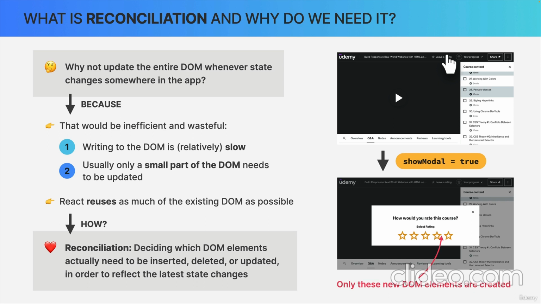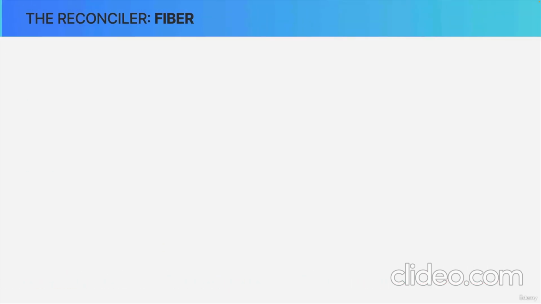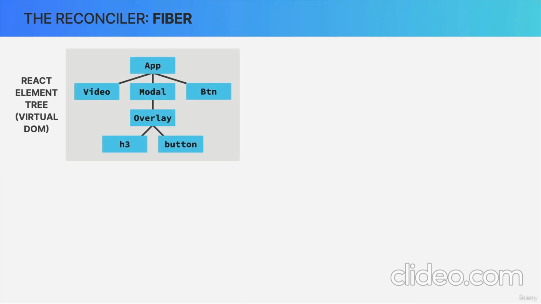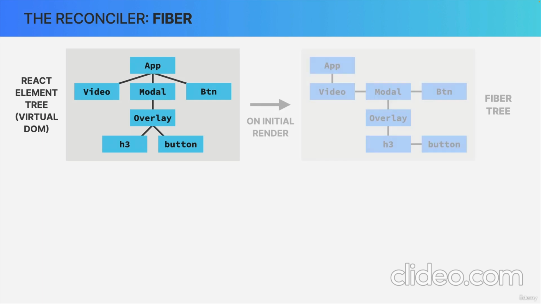And as I mentioned before, the current reconciler in React is called Fiber. And this is how it works. So during the initial render of the application, Fiber takes the entire React element tree, so the virtual DOM, and based on it, builds yet another tree, which is the Fiber tree.